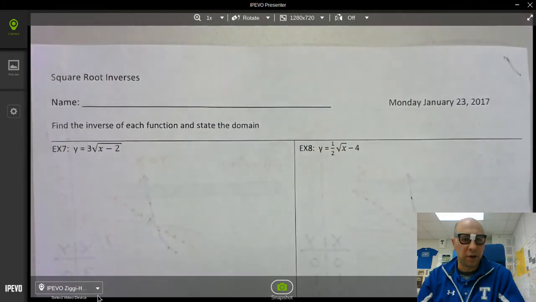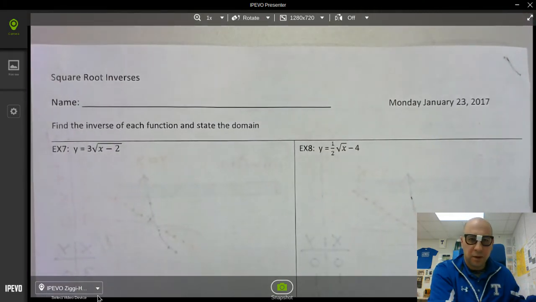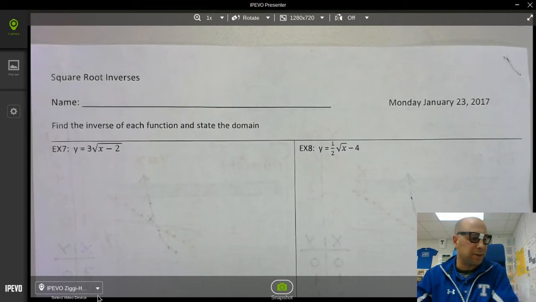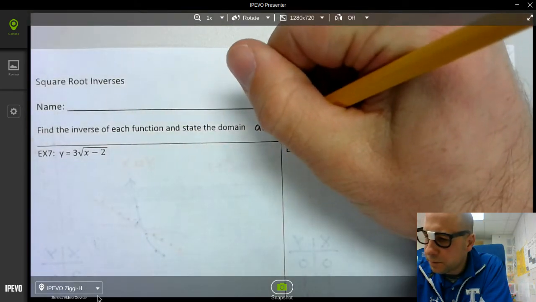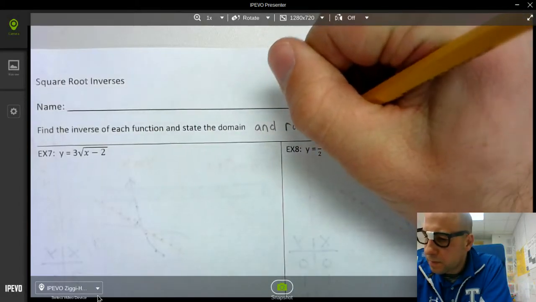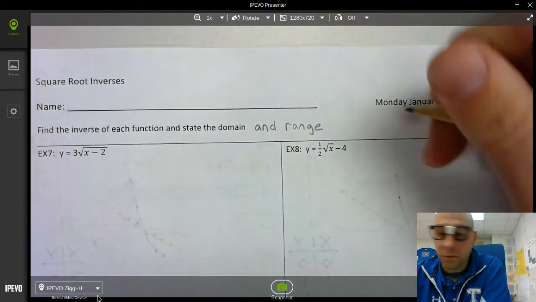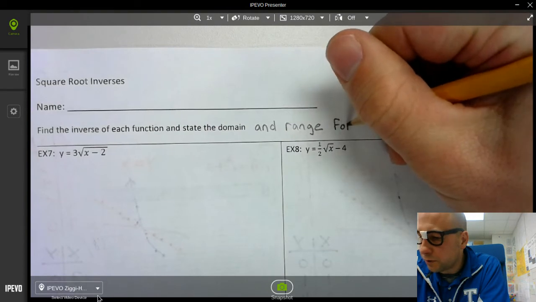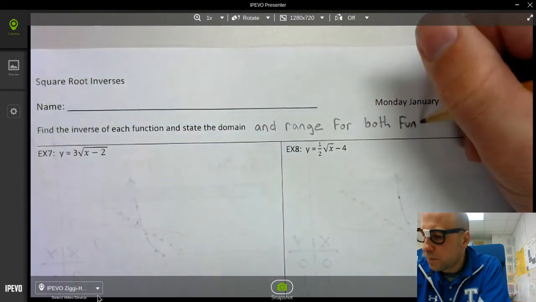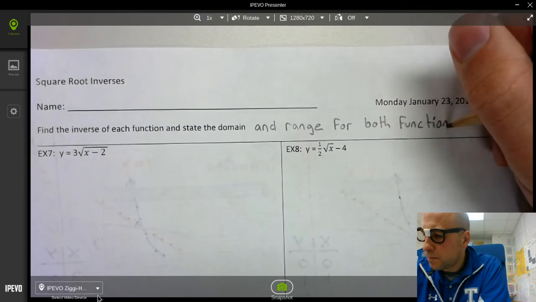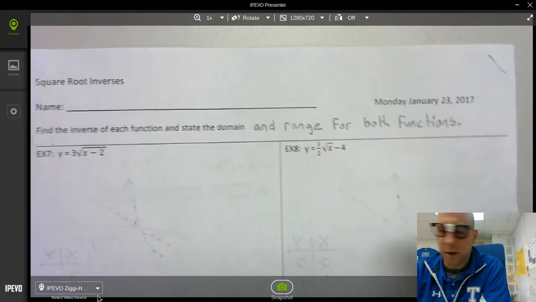Now, there's a mistake on here. The instructions should say, find the inverse of each function and state the domain and range of each function, for both functions. All right.